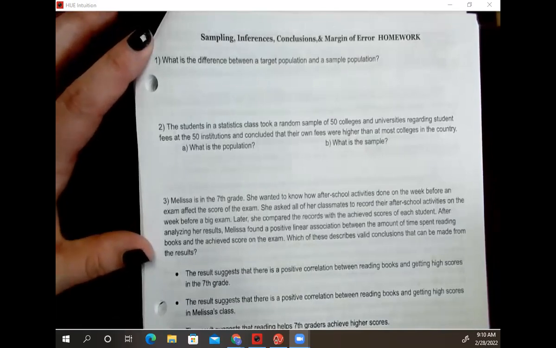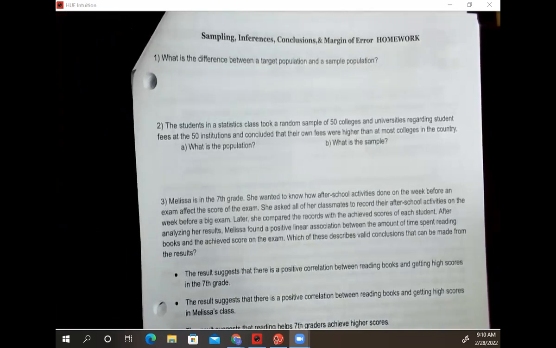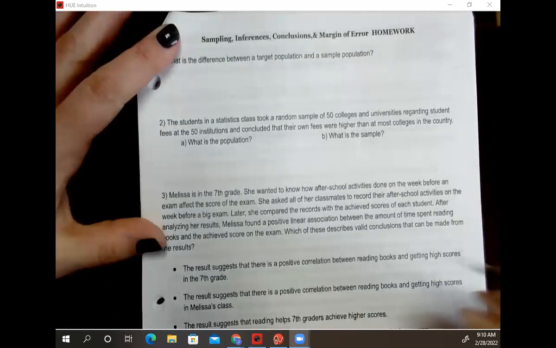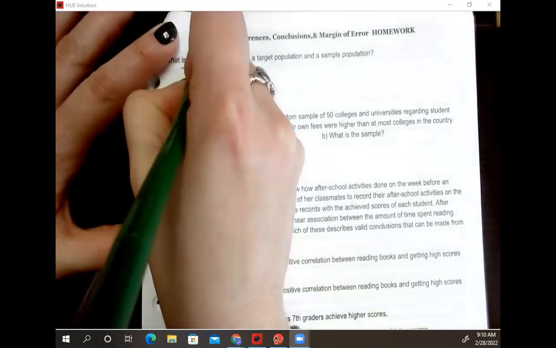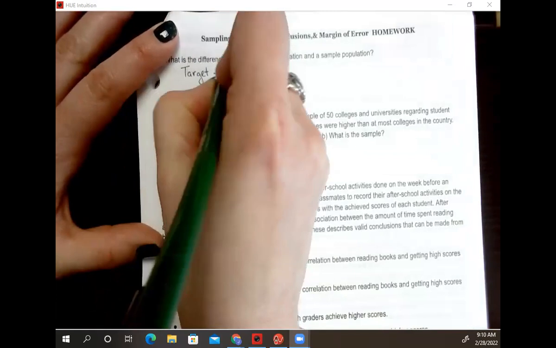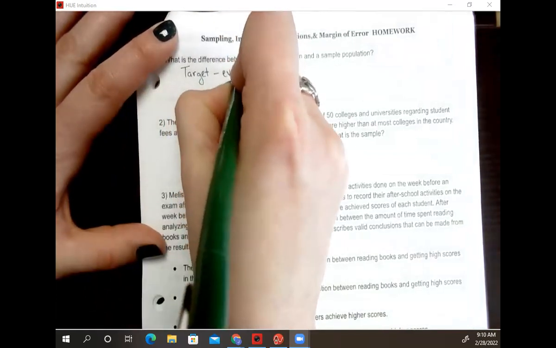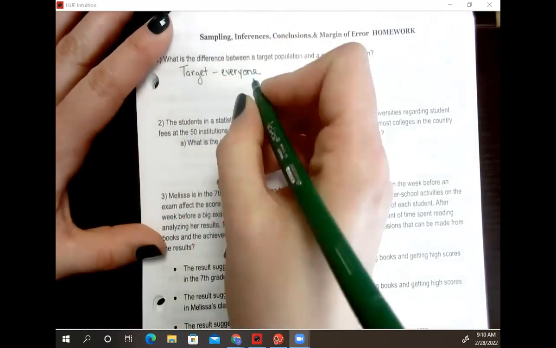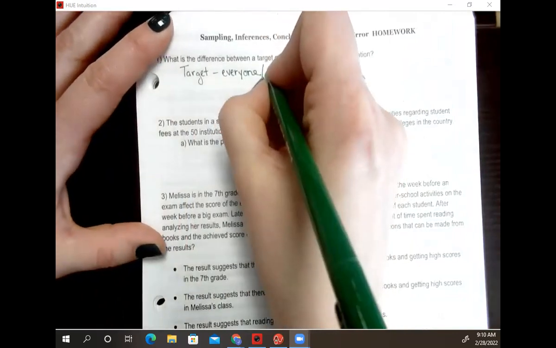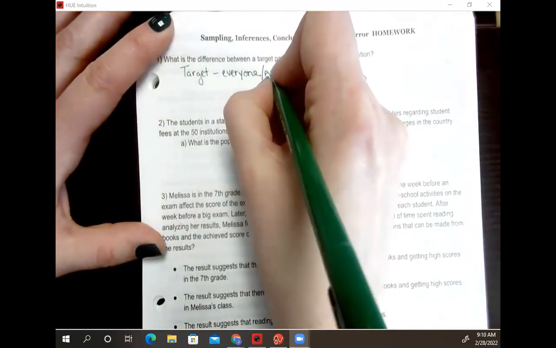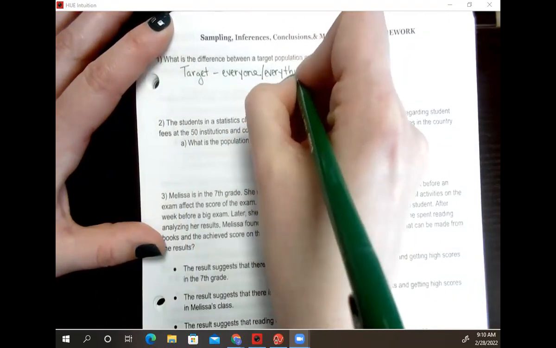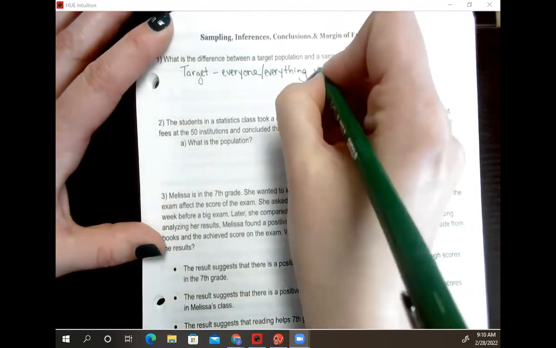Target population versus sample population. Target is everyone who is able to respond to a survey or a poll. And the sample is only a group of people that are picked out. Yeah. So our target population is everyone, or if we think about that rubber ducky example, everything you are interested in.